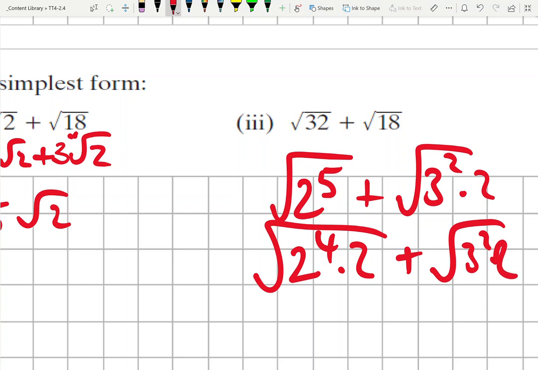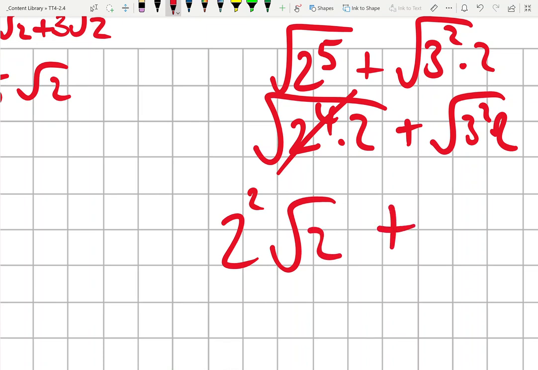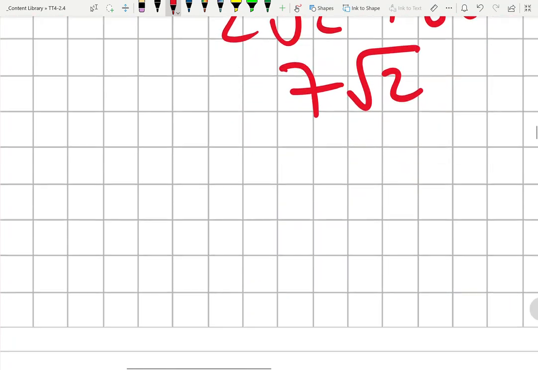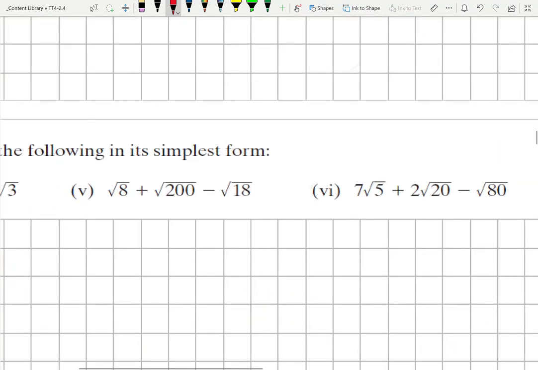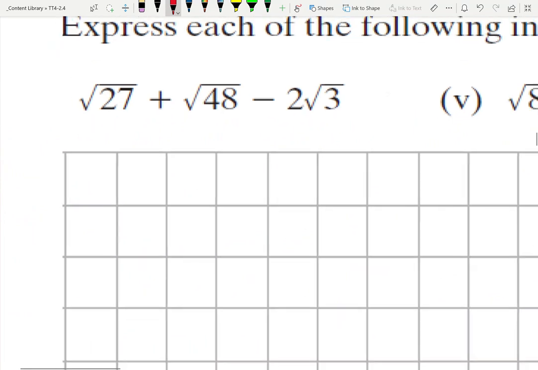So taking this out equals 2 squared root 2. Taking this out, I'm just showing it to you in surd form, is 3 root 2, which is 7 root 2. Okay, I can leave those for exercises for you.